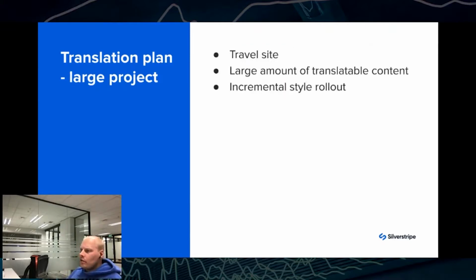Let's have a look at another example. In this case, we will need to translate a large travel site with lots of content. So it's probably unreasonable to ask a translation agency to do that all up front, especially when there is some content authoring happening. So the content is changing; it's not static.